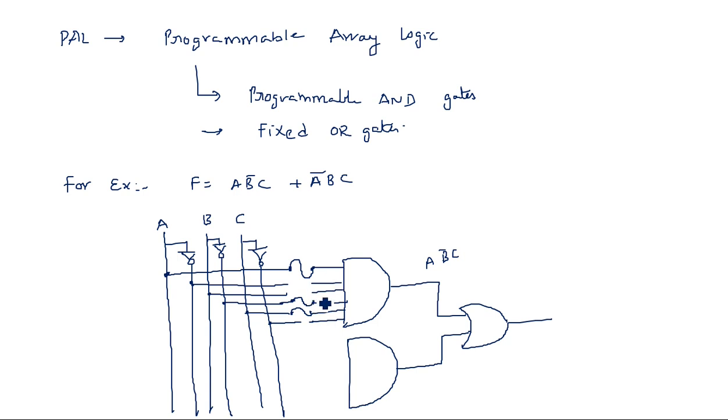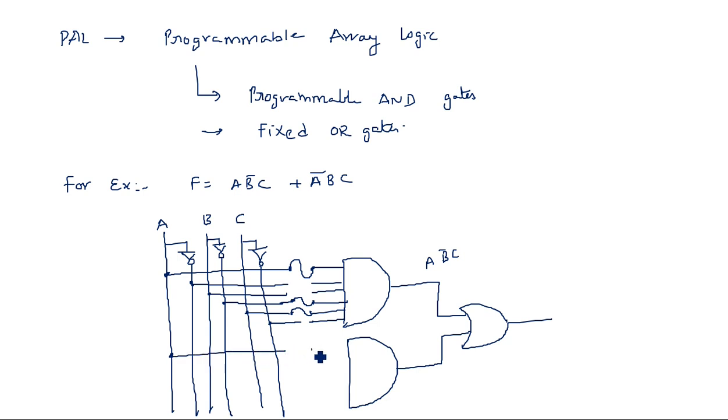See here, the AND gate is programmed. Once this operation is completed, if you want to generate one more SOP, then you can remove this fuse and connect whatever you want. That's why all 6 inputs are directly taken with the help of fuses. Similarly here also we do the same thing.